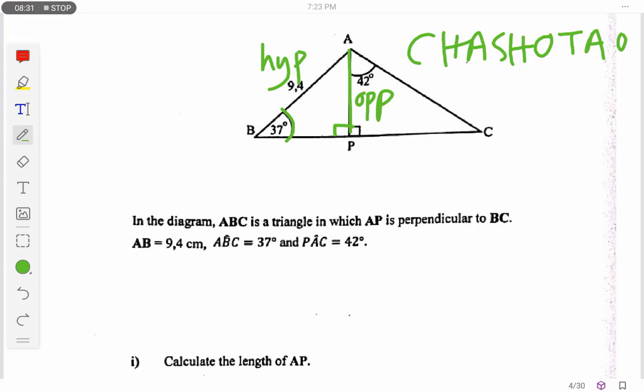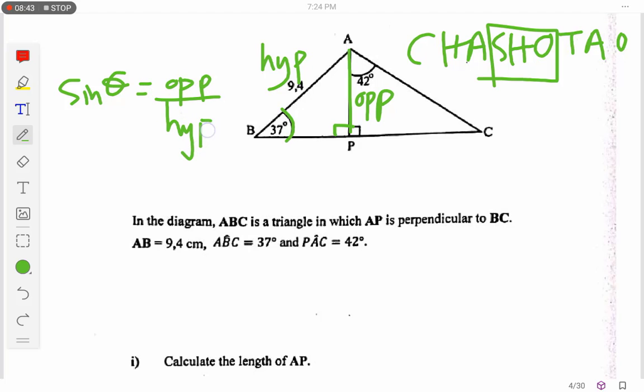So the one that we have hypo and opposite is the Sho there. So I can say sine theta is equal to opposite over hypotenuse. So sine 37 is equal to opposite, that's AP there, over my hypo, which is 9.4.